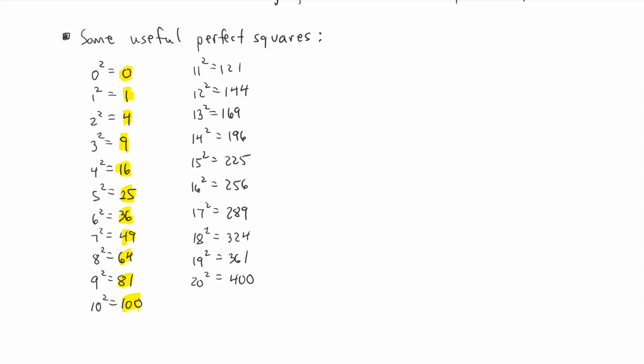So here's some more perfect squares that we're going to see fairly often. The bigger ones we won't see as often, but you'd be surprised how often those will show up.